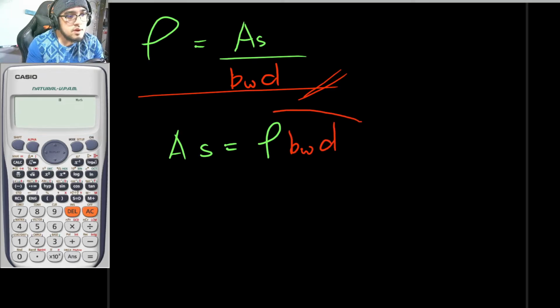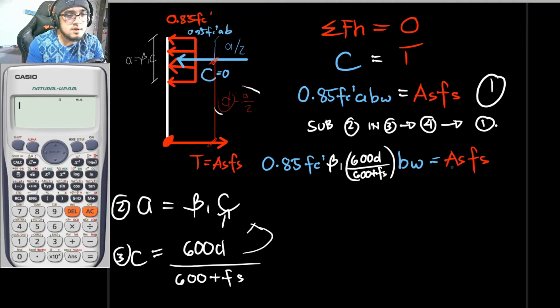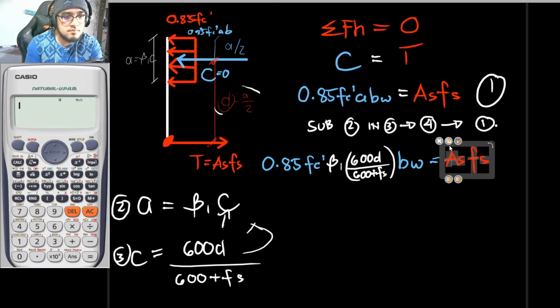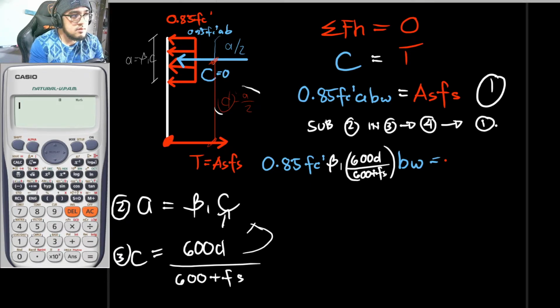So if we would be using this equation and substituting it here, this is now equal to rho times bwd times fs.